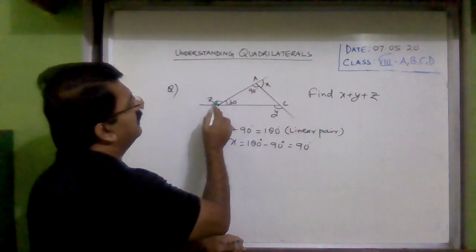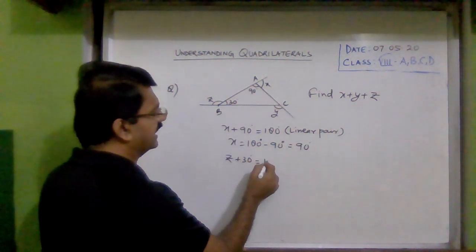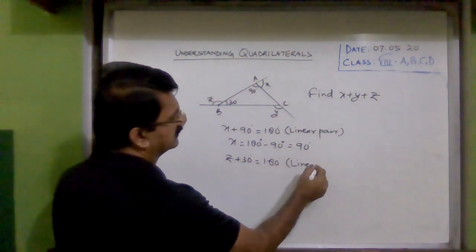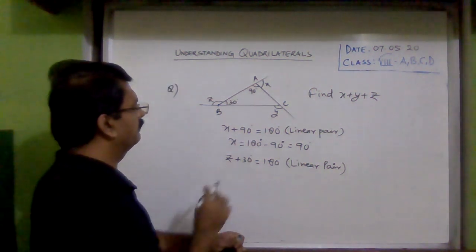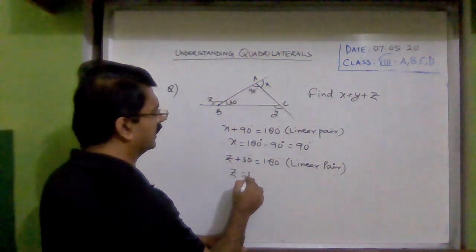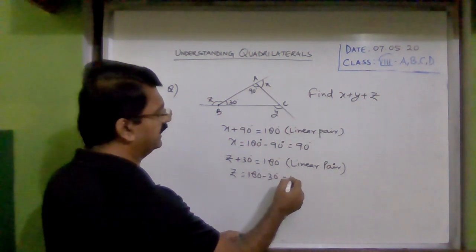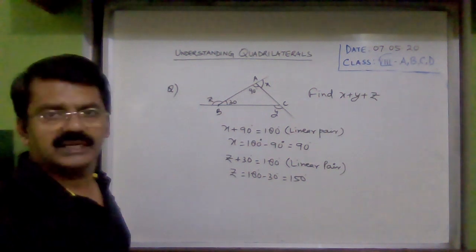Now, Z plus 30 is again 180, same reason, because they are forming a linear pair. So Z will be equal to 180 minus 30, that is equal to 150 degrees. So we have found X and Z.